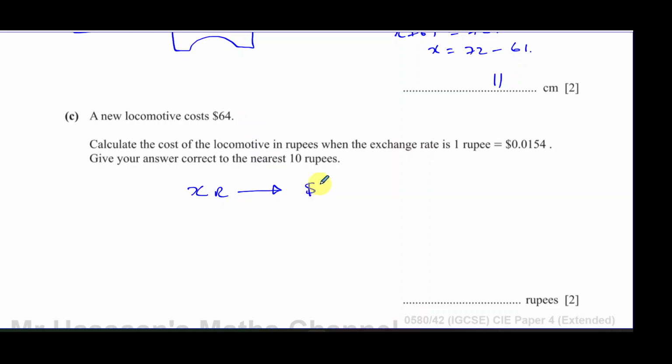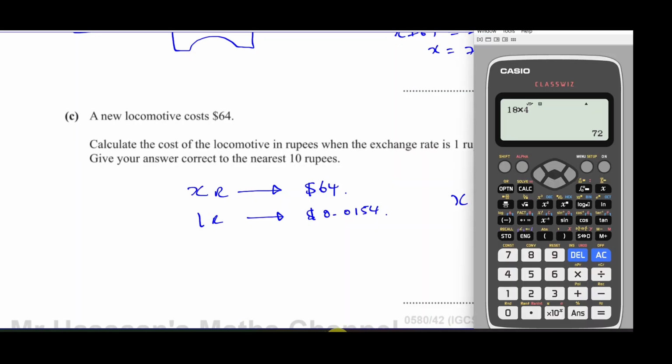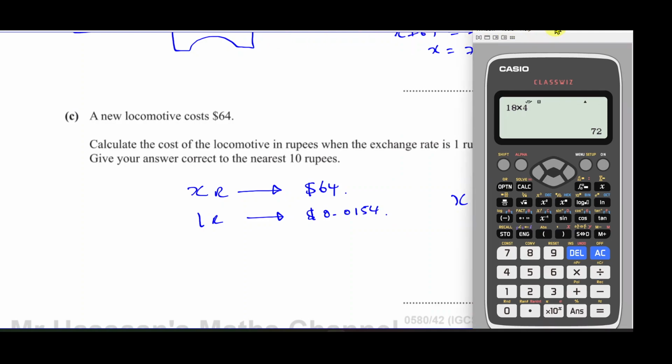is what $64 is worth. And we know that 1 rupee is worth $0.0154. So you can set up a very nice little cross multiplication here. So you have x equals 64 divided by 0.0154. So we can just take the calculator and put these values in.